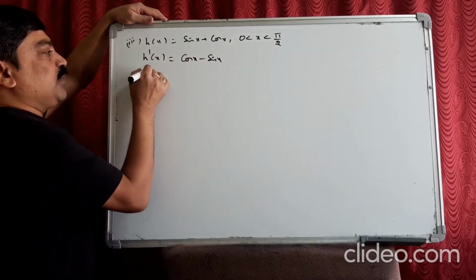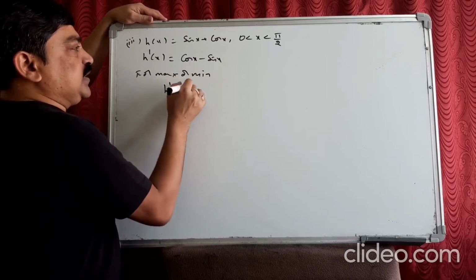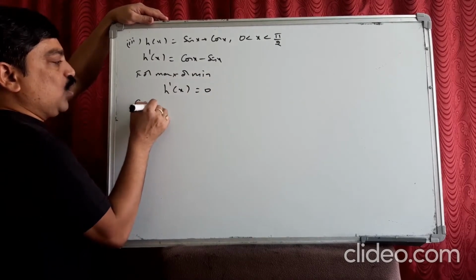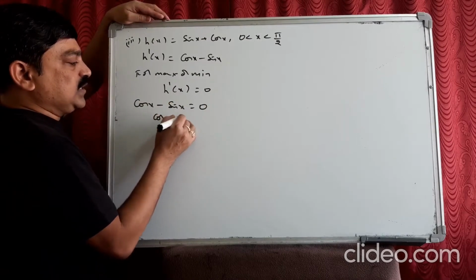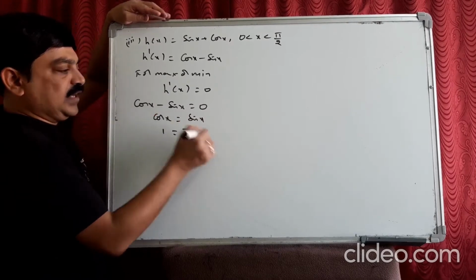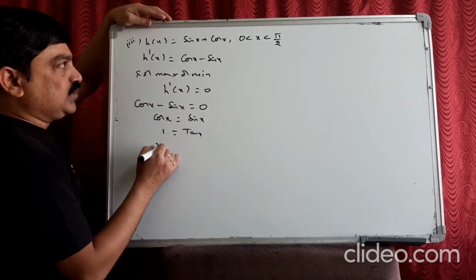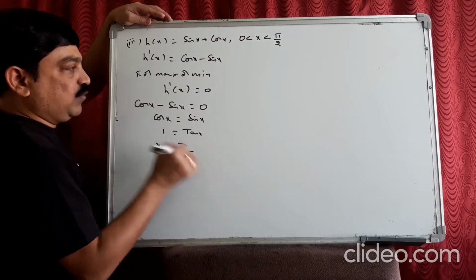What we know for maximum or minimum: h dash of x is 0. That means cos x minus sin x equal to 0. That means cos x is equal to sin x, so 1 equal to tan x. Tan x will be 1 in the first quadrant at x equal to pi by 4.